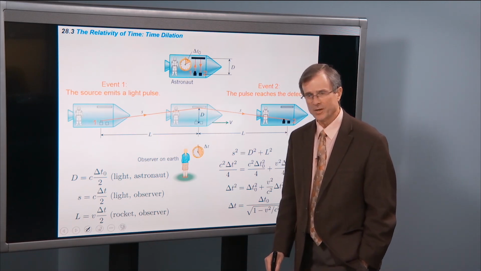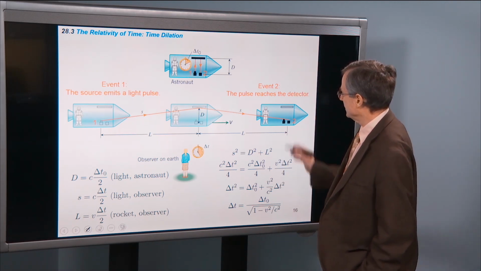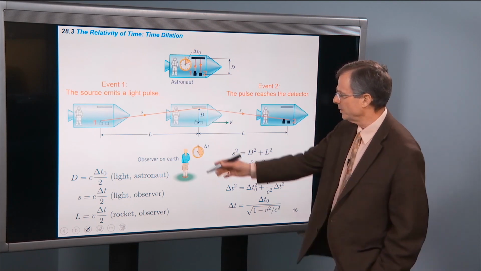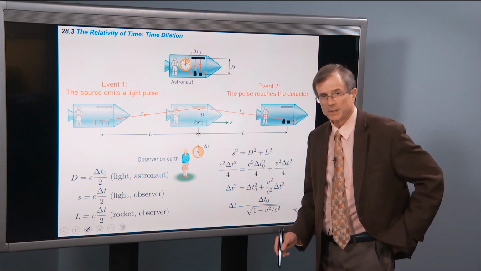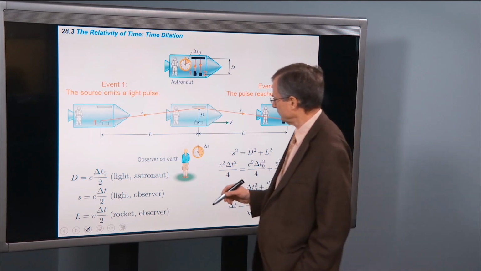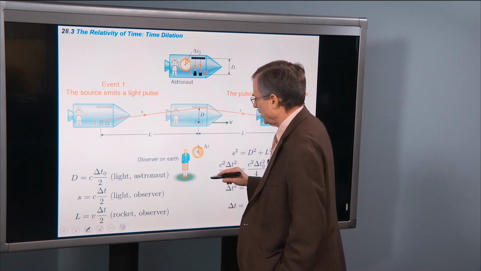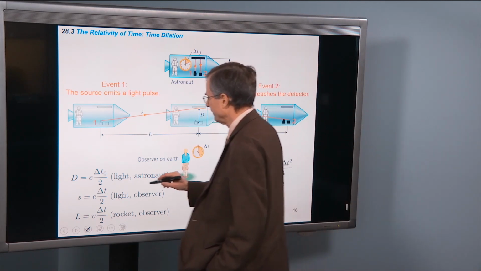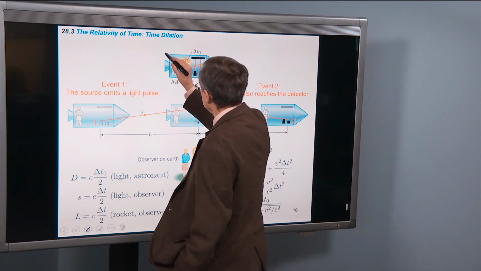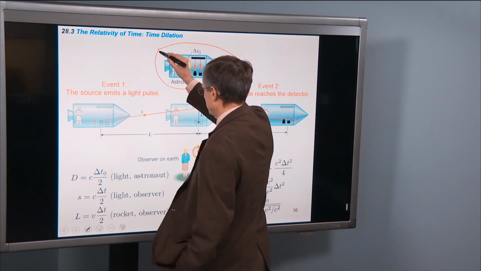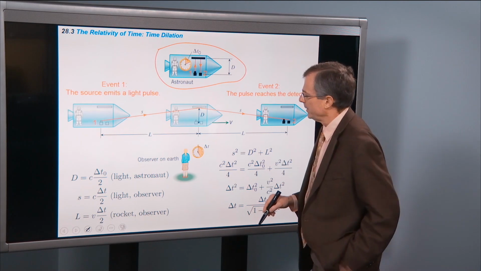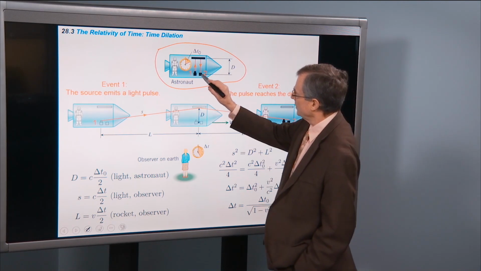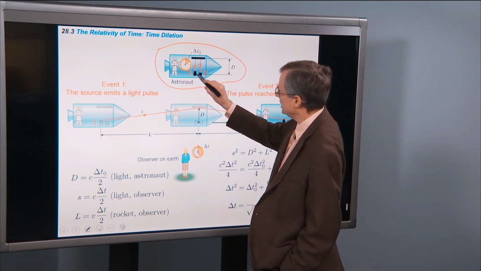It's not that hard. And the same diagram here, but now what we're going to do is just put the math to it. So first of all, I'm going to ask in the reference frame of the astronaut, the light starts here.